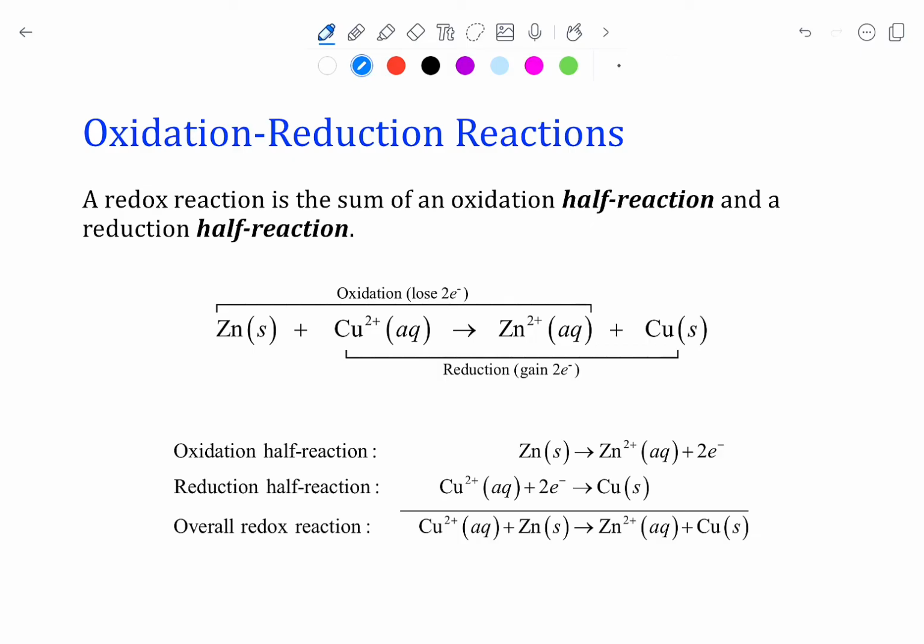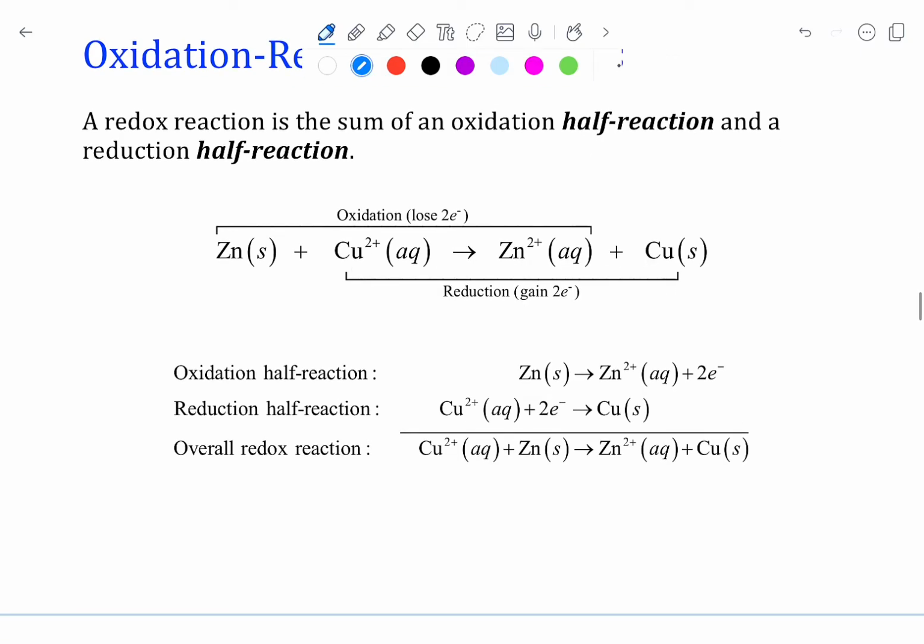So in our zinc and copper example that we just looked at, we said that zinc was being oxidized and copper was being reduced. So the oxidation half reaction shows that zinc solid turns into zinc ions, and because it lost 2 electrons, the products of that oxidation are the zinc ions and the 2 electrons that it lost. It decomposed into an ion and 2 electrons.